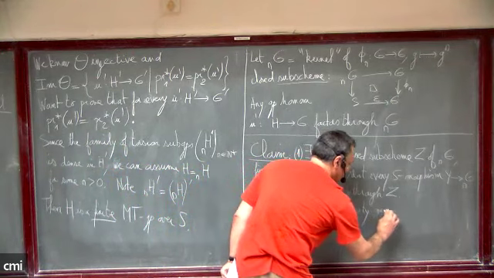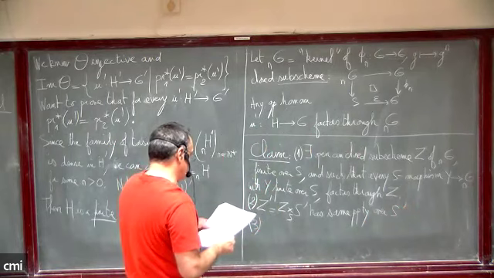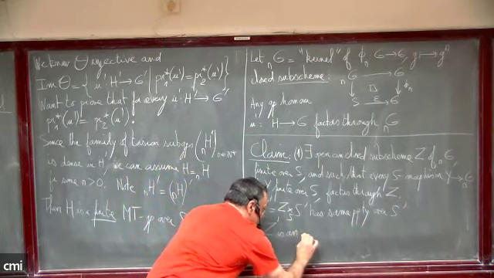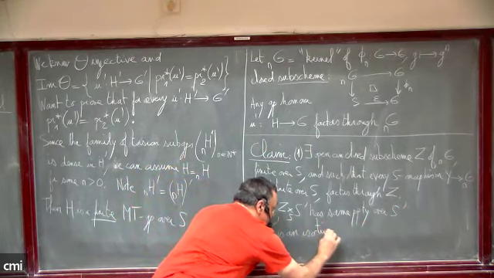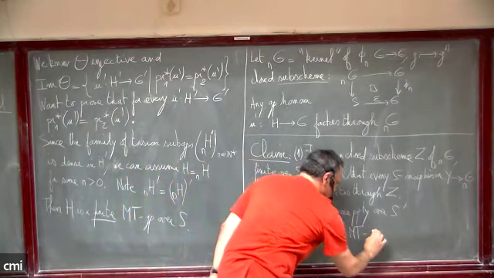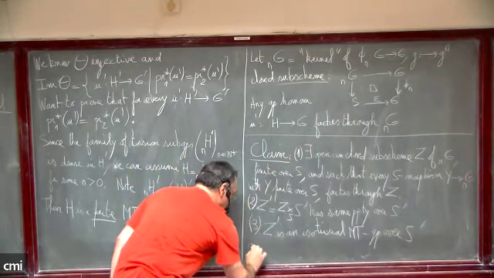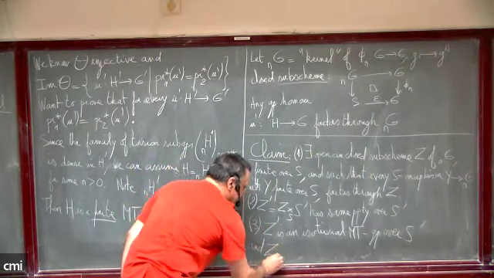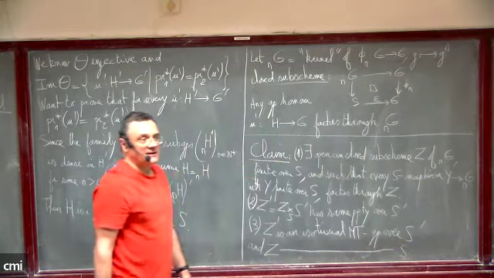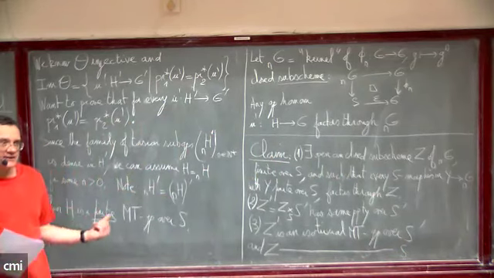And thirdly, Z prime is an isotrivial group of multiplicative type over S prime, and similarly, Z is an isotrivial group over S. Okay, so the proof of this claim is rather technical, and so we will finish with this.